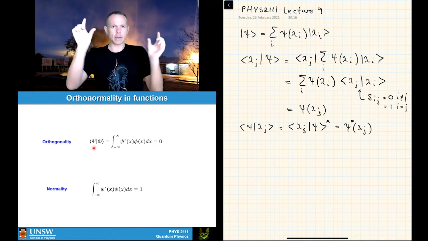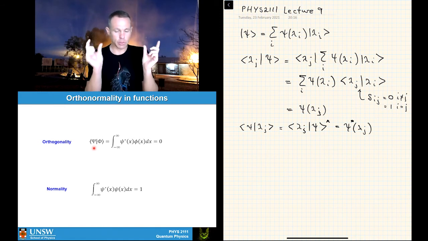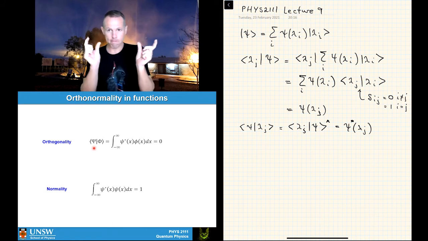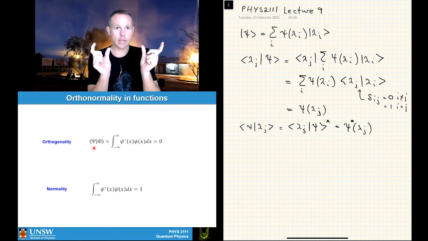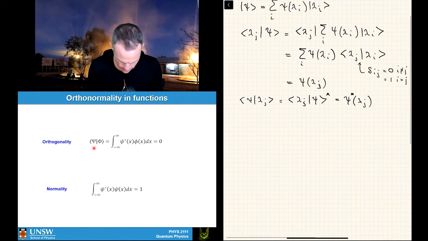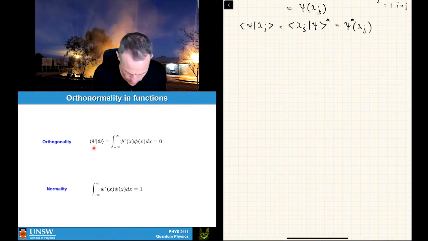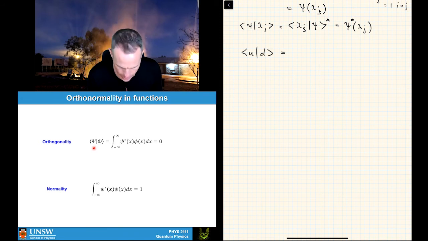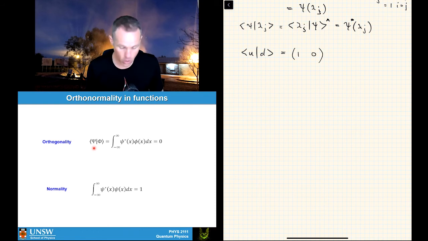If you think about taking the inner product between the up state and the down state, what you're actually doing is taking, let me actually write this for a second then. If you take something that looks like this, what you're actually doing here is taking a vector that looks like 1, 0, I'll leave the conjugates off, and 0, 1 here.